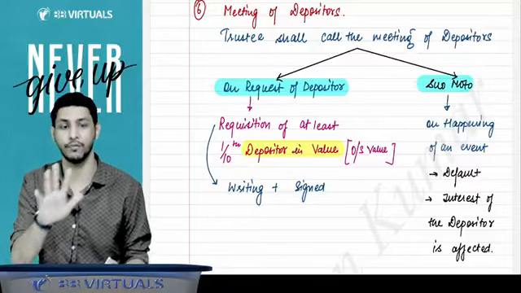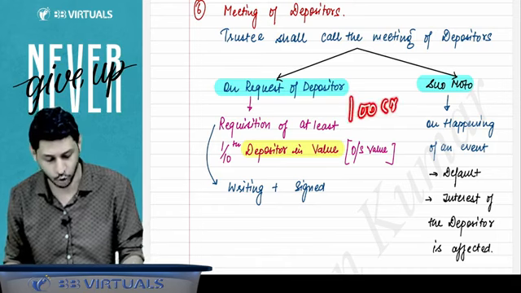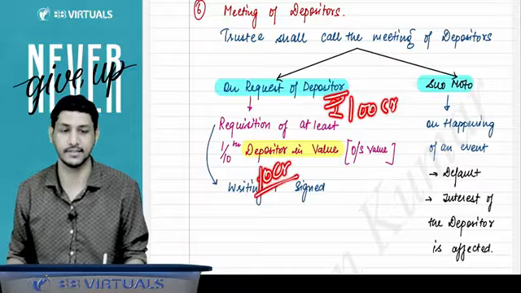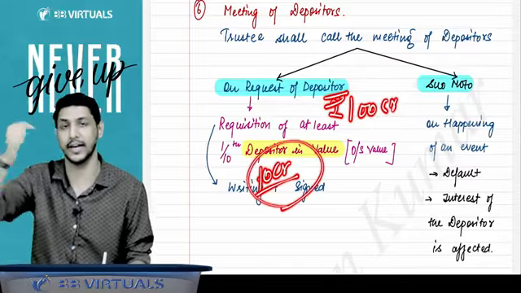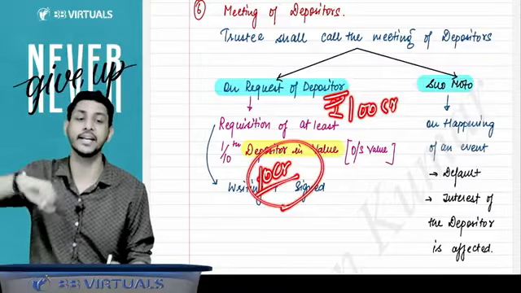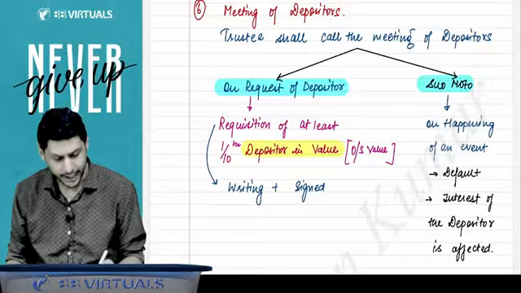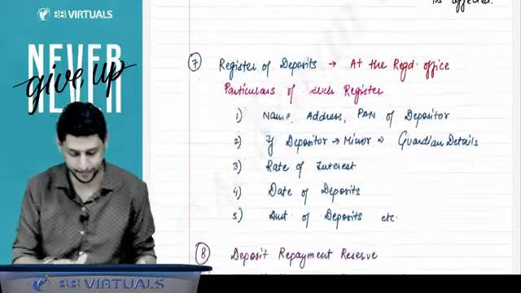For example, the company has accepted deposits of 100 crore rupees. So the people who have given at least 10 crore rupees in deposits, at least those people or more can request a meeting of the depositors. Then the trustee has to call the meeting of the depositors, and this request must be in writing and must be signed by the people who are requesting.